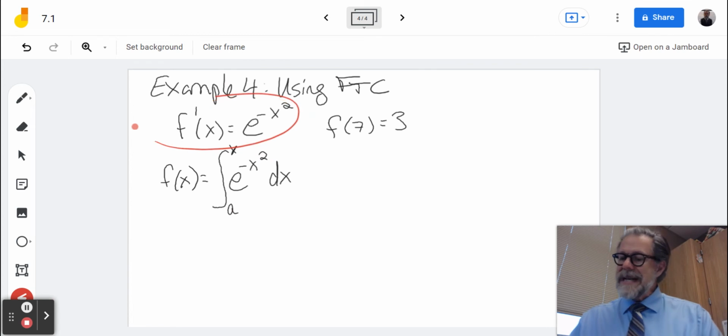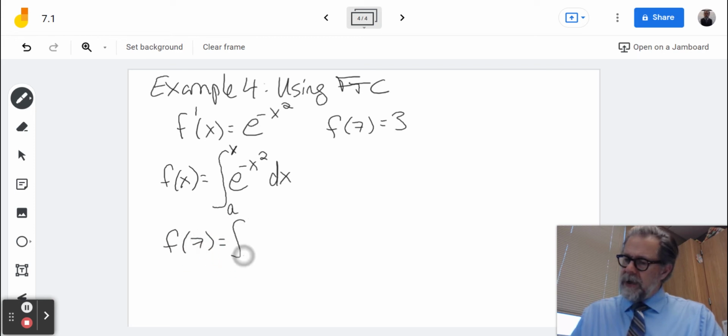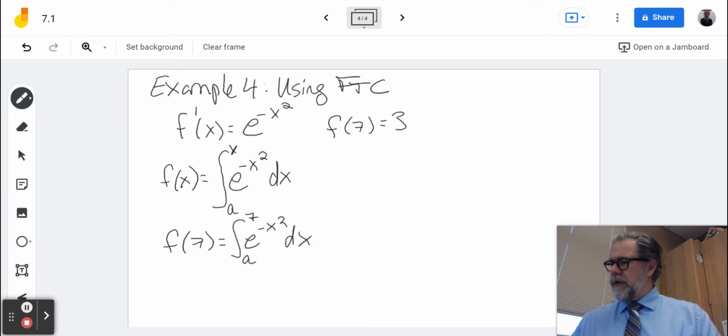So, fundamental theorem of calculus says that the derivative of this is that. Now, how do I deal with the initial value? Well, let's start by saying that when x is 7, this is equal to 3. So f of 7 is equal to the integral from a to 7 of e to the negative x squared dx. Except that I don't know that that's 3.